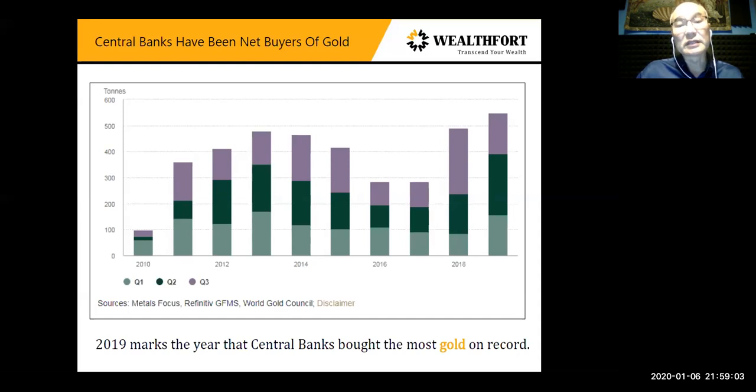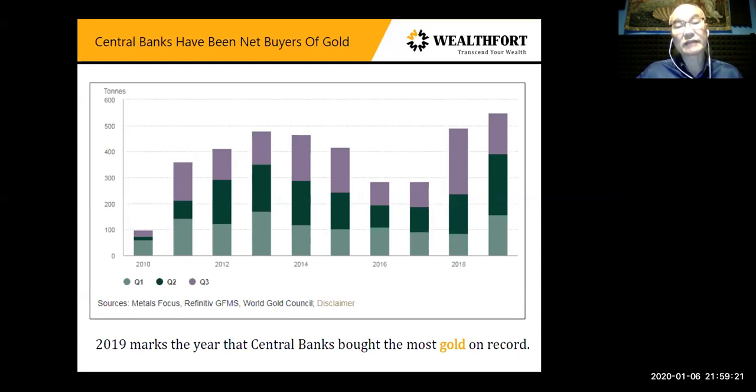And ever since then, central banks across Europe and the US have been selling gold, forcing the price lower and lower, until they were net sellers from 2000 to 2008.